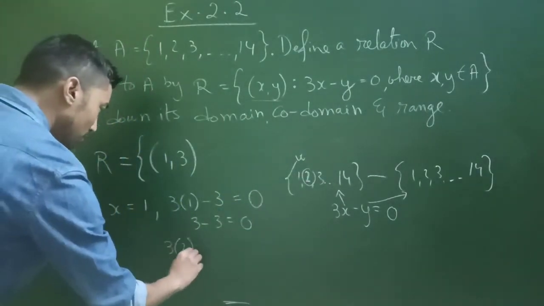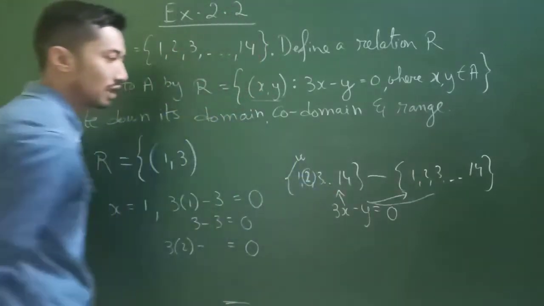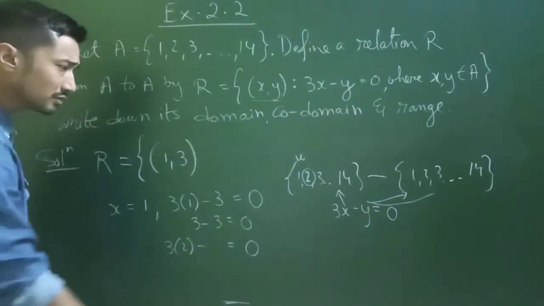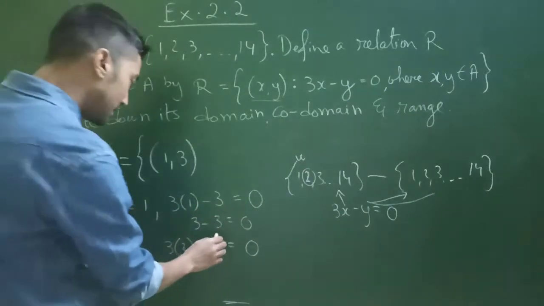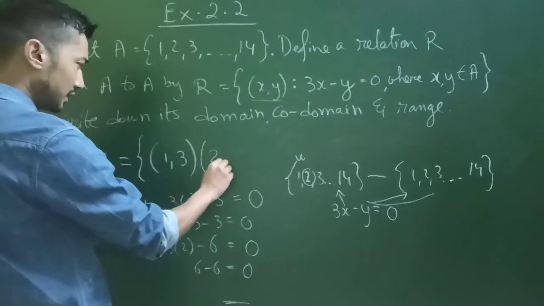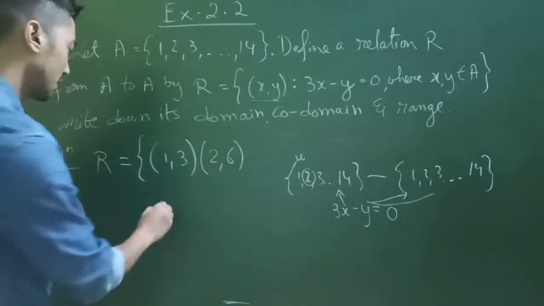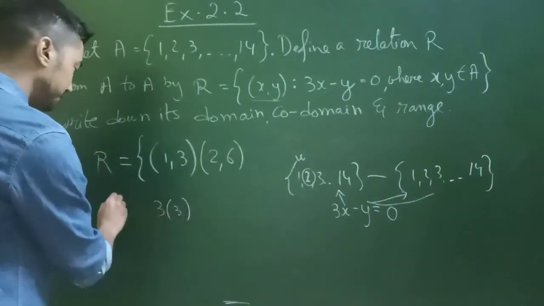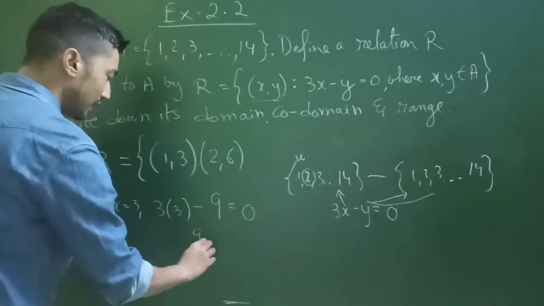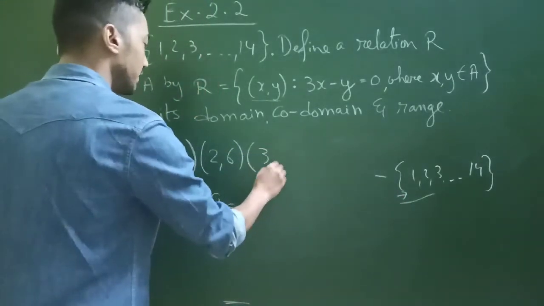Then 3 into 2 is 6, and 6 minus 6 is 0, so another pair that comes out is (2, 6). Similarly, x equal to 3: 3 threes are 9, 9 minus 9 equal to 0, so the pair will be (3, 9).